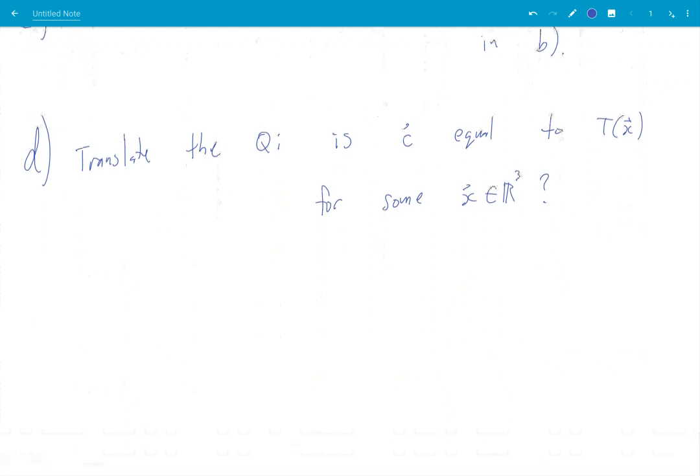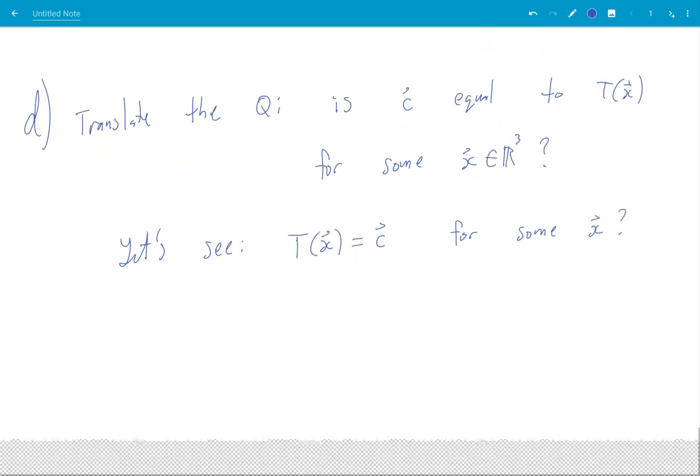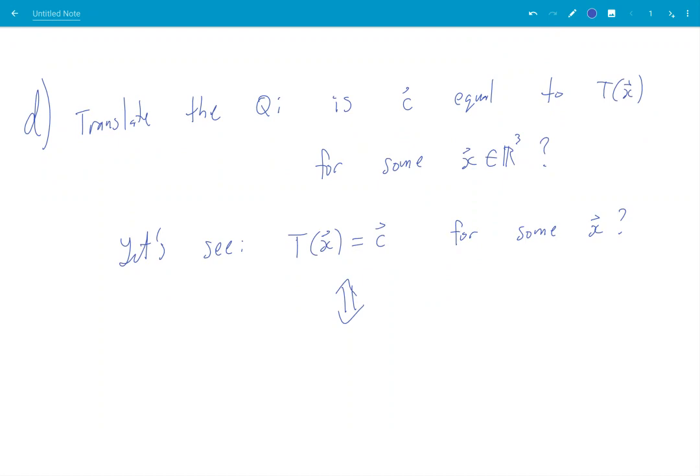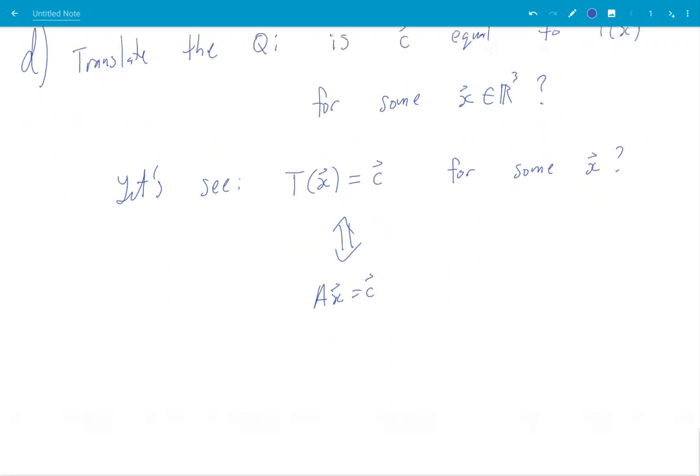So I'll answer this question. Does T of x equal C? What we saw before is that if you're looking at this equation here, it's the same as Ax is equal to c, which is the same as solving this system, A augmented with c.